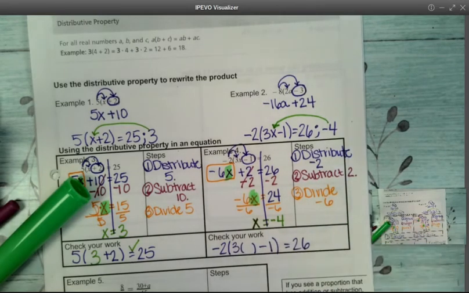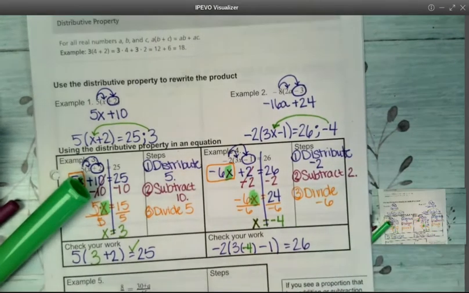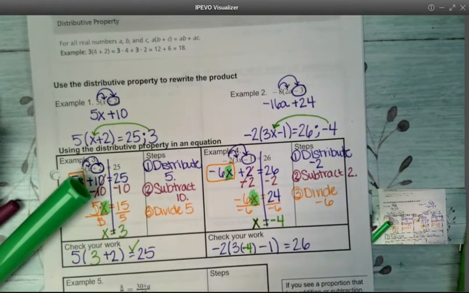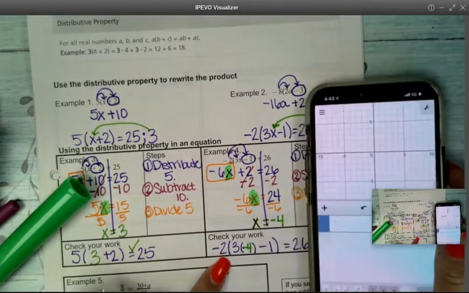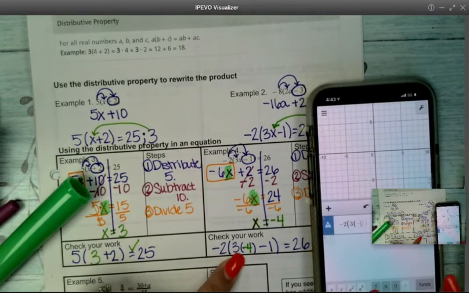It's supposed to be equal to 26 when I type that in Desmos. Where I see the x, I'm going to put in parentheses my -4 because that's what x was actually equal to.